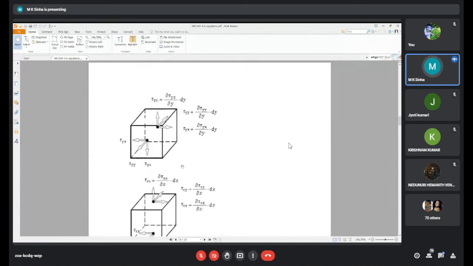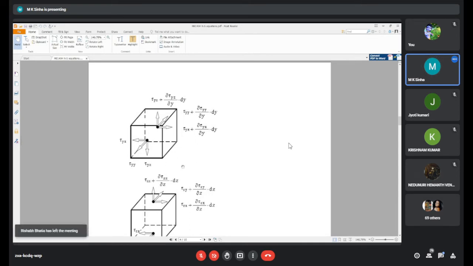Here the stresses act along the y direction, and their effect along the x-axis and y-axis changes due to the lengths of the fluid element dx, dy and dz, as shown here.